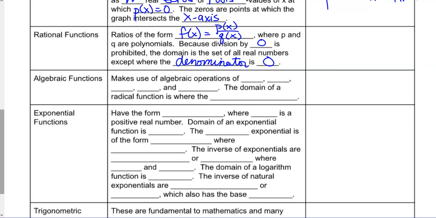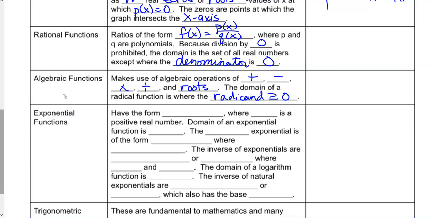Algebraic functions make use of algebraic operations of add, subtract, multiply, divide, and also roots. And the domain of that radical function, if you have added and subtracted together, the root is the main part of there. We again alluded to this also in the last section, where the radicand has to be greater than or equal to 0. And that radicand is whatever's underneath that square root.